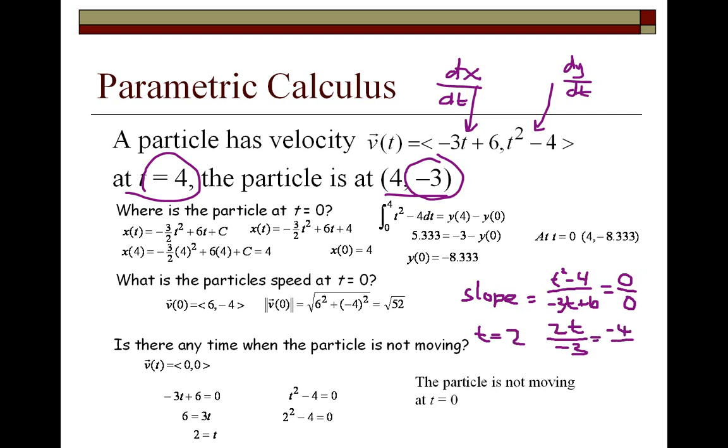So be aware of all your other tools if you ever have to do that. So let's say you wanted to find the equation of the tangent line at t equals 2. Well, the slope would be negative 4/3. Then I'd have to find its position at t equals 2. We just go through basically the same kinds of steps we did before. So that's another good example you can think about.